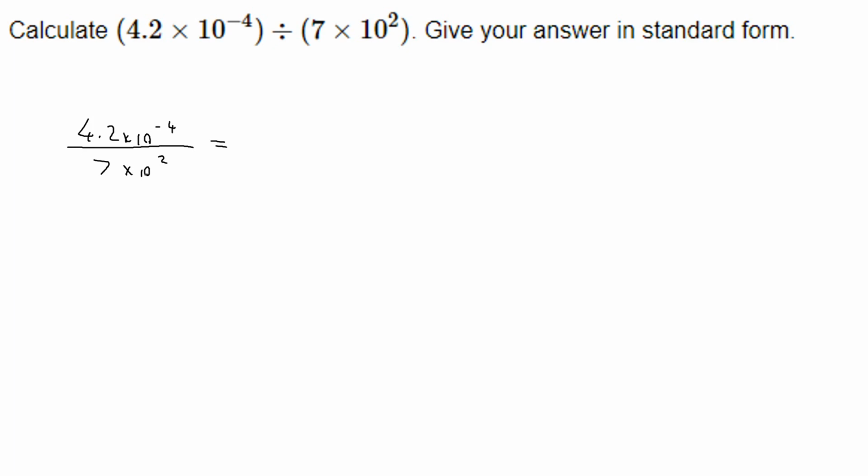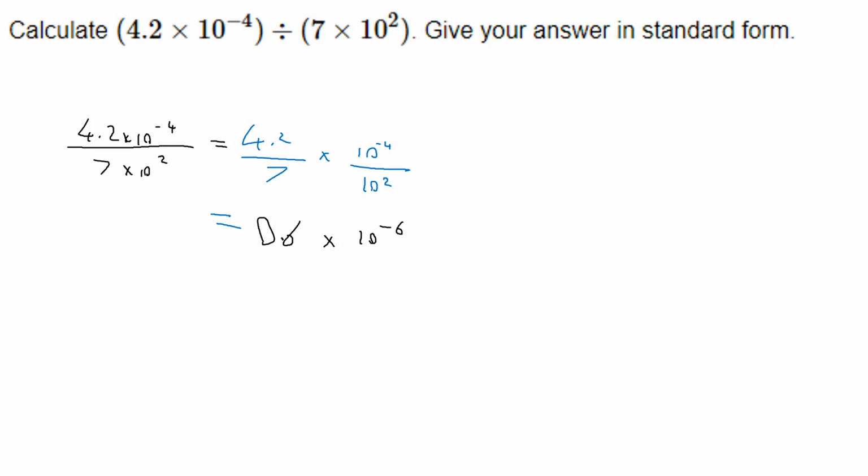Well, that's the same as 4.2 over 7 times 10 to the minus 4 over 10 to the 2. And we're left with an answer of, 4.2 over 7 is going to be 0.6 times 10 to the minus 6. And that's our final answer, right?